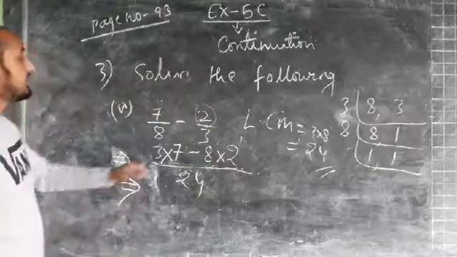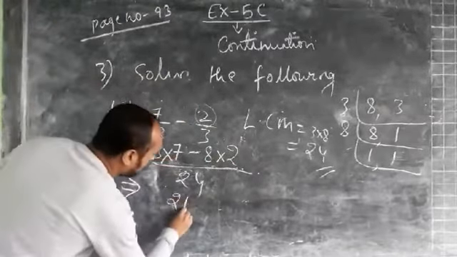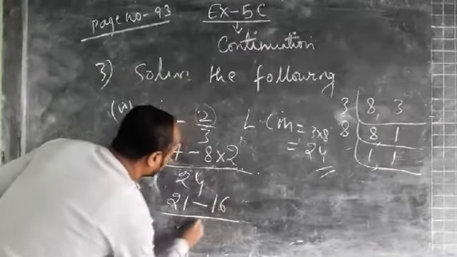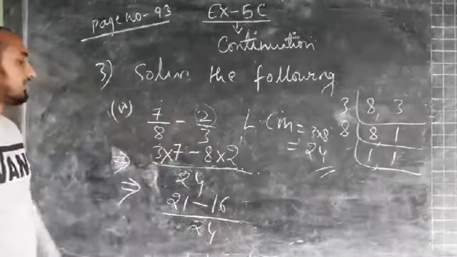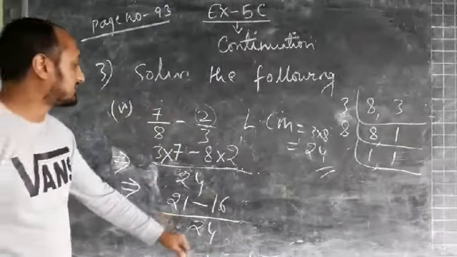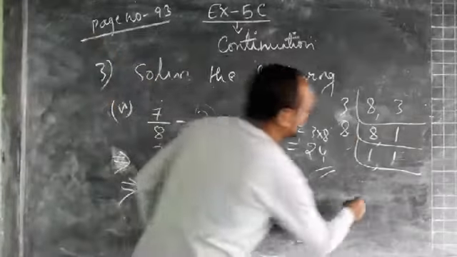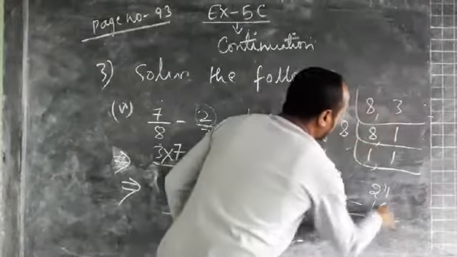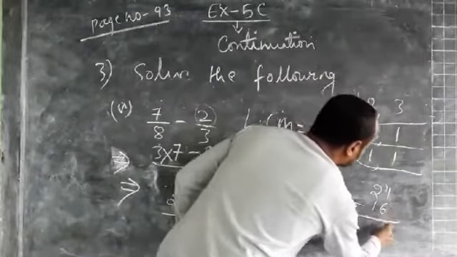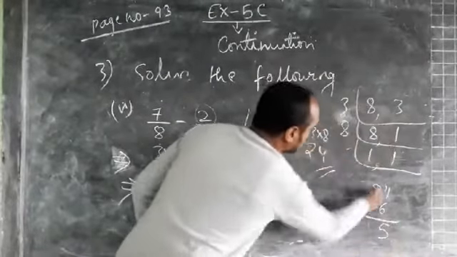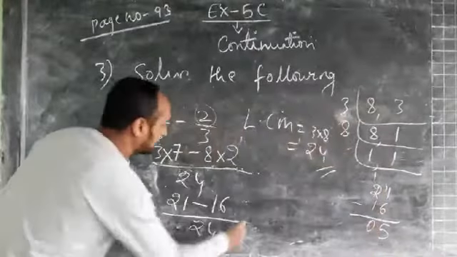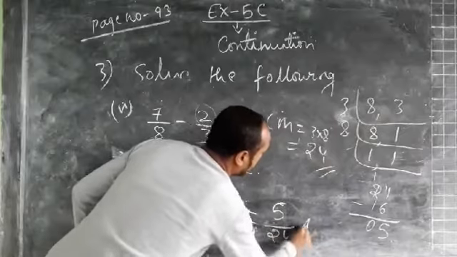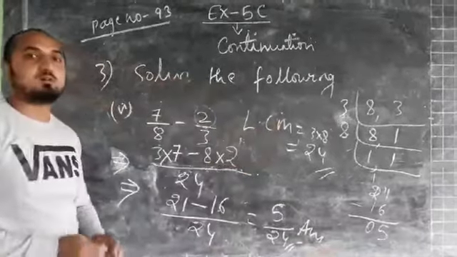Now next step 7 3s are 21 minus 8 2s are 16 divided by 24. Now we have to subtract 16 from 21. We can borrow 1, 11 minus 6 is 5. This one is 1. So the answer will be 5 by 24.